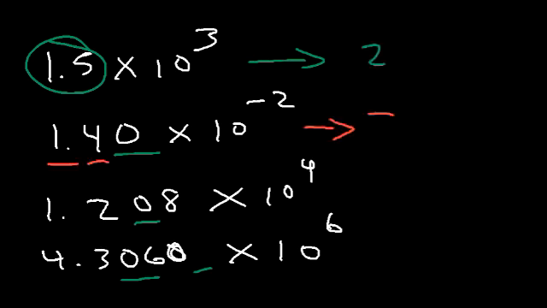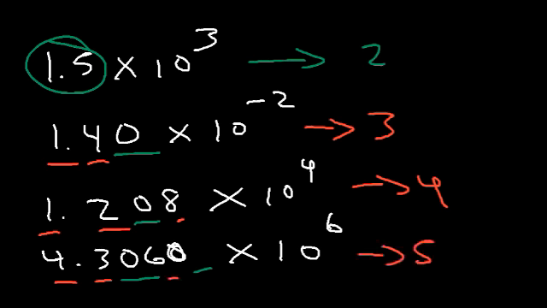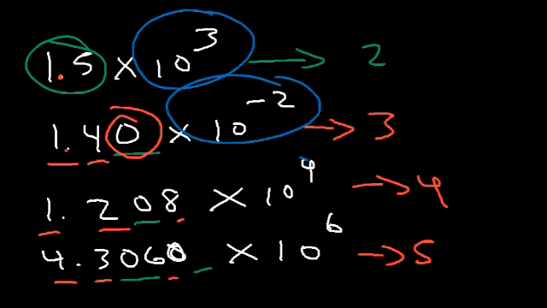Here we have a total of 3, and here we have 4. And in this number we have 5 sig figs. So in scientific notation, since you're usually going to have a decimal point, the zeros to the right of a non-zero number will be counted. And you don't have to worry about the multiplier. That's not related to sig figs, so you can just ignore it.